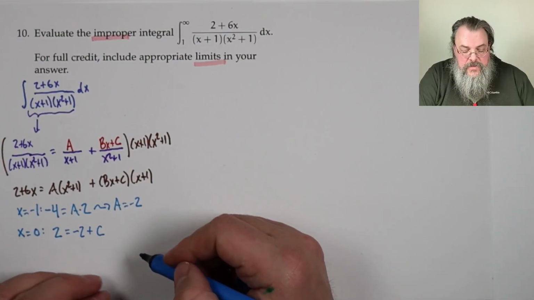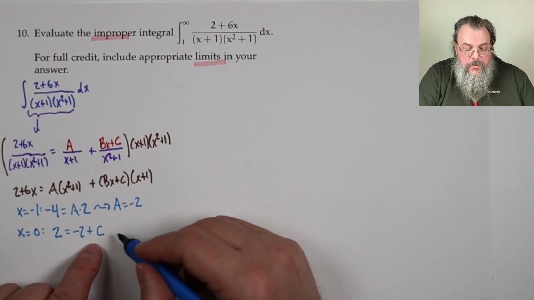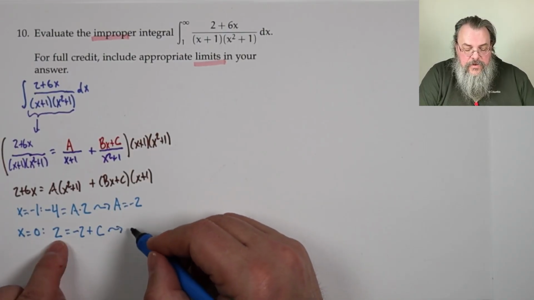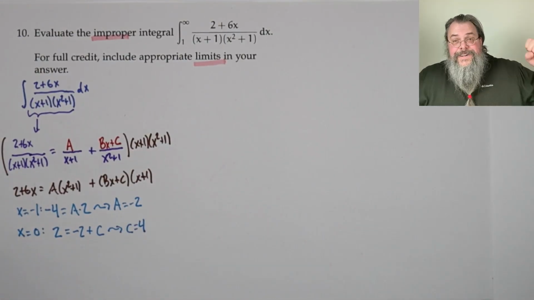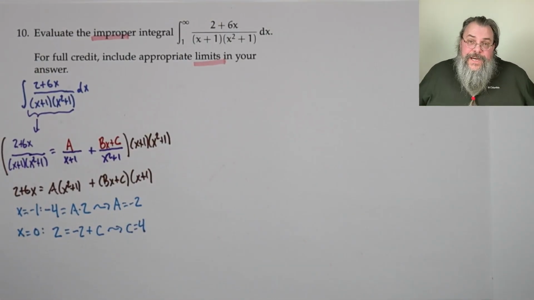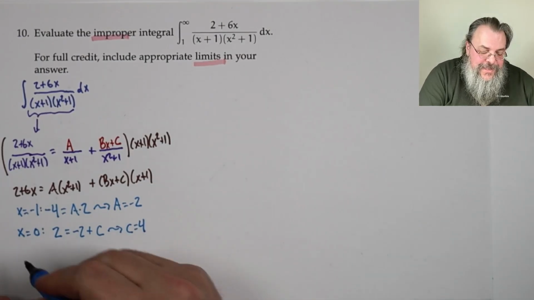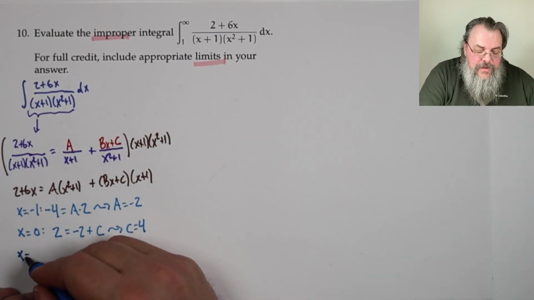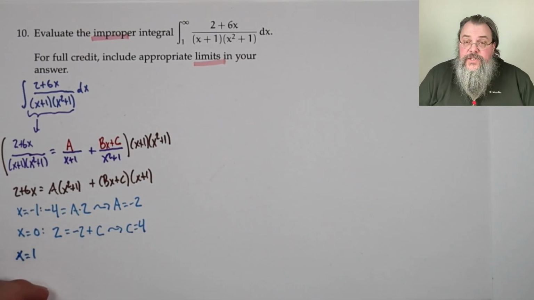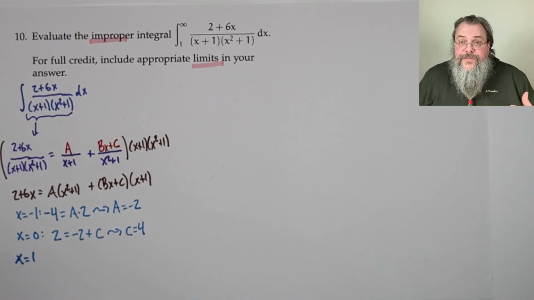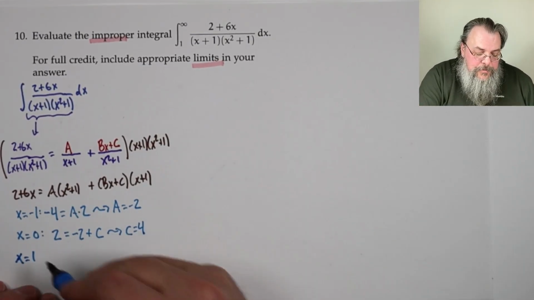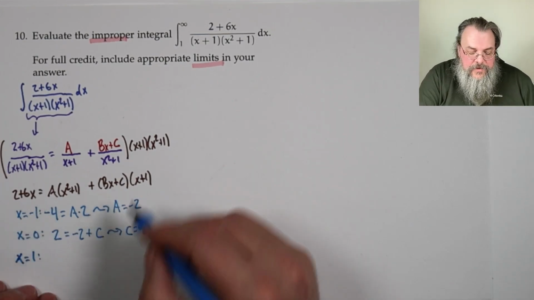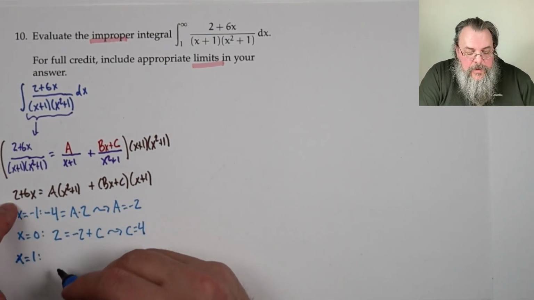Adding 2, that tells us c is 4. You might say you're out of good choices, Steve, but I can make any choice now, and any choice gives us a relationship. Good choices are just ones where we have very few letters involved. Any value of x gives us a relationship. So plug in 1.